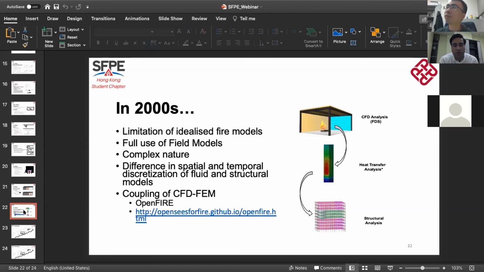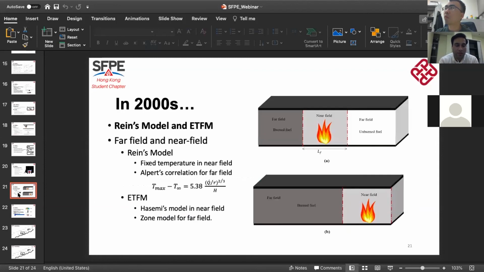For traveling fires, as I was talking about the ISO models or ETFM models, I think we have to do many tests for large compartments, which many researchers are already doing recently in Malaysia and some tests in Italy. Many tests are going on, so we need more tests so that we can say these models make sense, but they still have limitations.